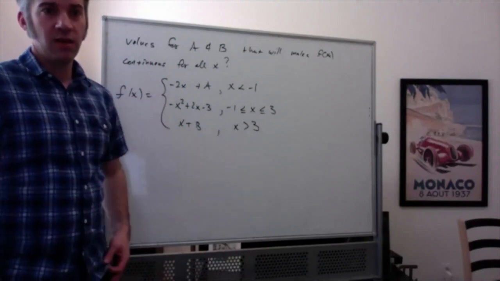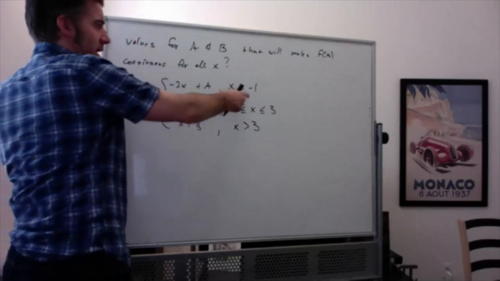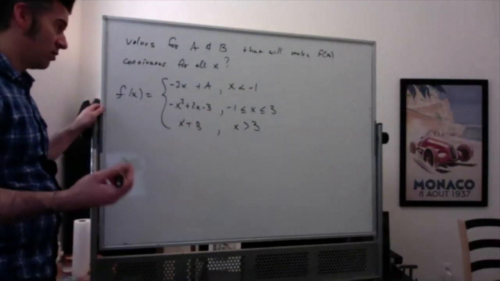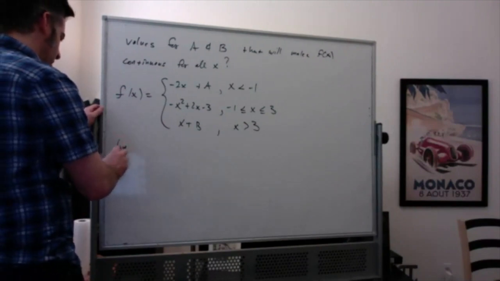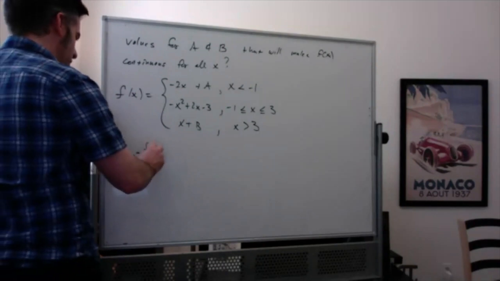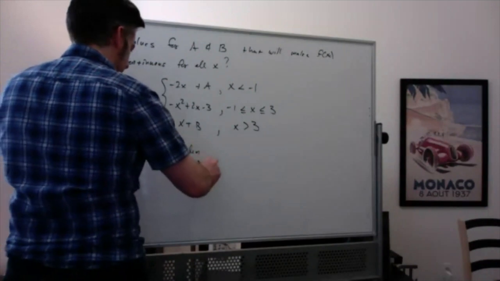It's defined everywhere. So the only issue we're going to have here is if when you come at negative 1 from the left and come at negative 1 from the right, these things might not equal each other. So what we need to be true is we need the limit as x approaches negative 1 from the left of this function to equal the limit as x approaches negative 1 from the right.